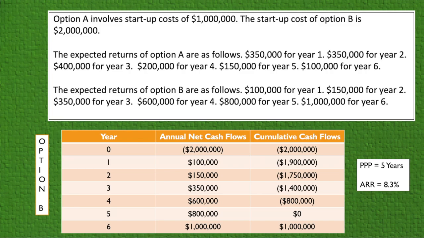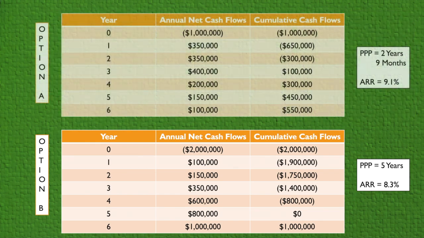Okay, so let's take a look at these two options next to each other. Now this is how you might see a lot of questions relating to these. They'll give you 2 options, and then they'll ask you to calculate these figures, and then finally they're going to want you to give some recommendations to the business. Which one should they do? Should they do option A or should they do option B?